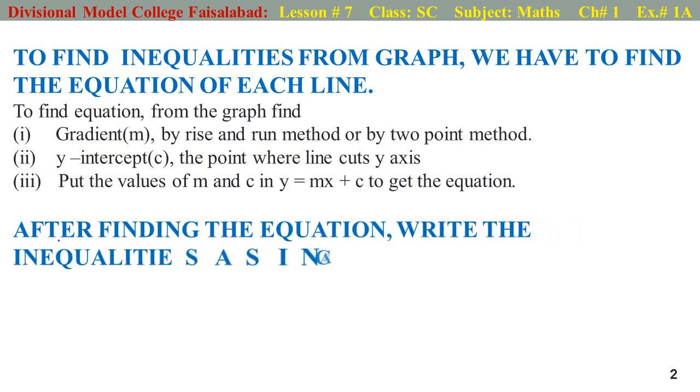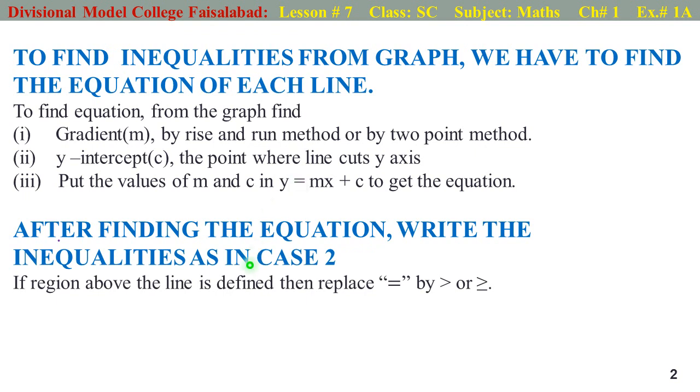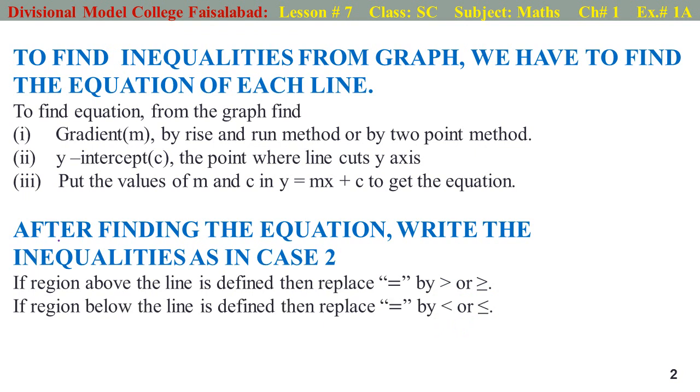If the region above the line is defined, then we will replace the sign of equality in the equation by this sign when the line is dotted or this sign when the line is solid. If the region below the line is defined, then we will replace the sign of equality by this sign when the line is dotted and by this sign when the line is solid.